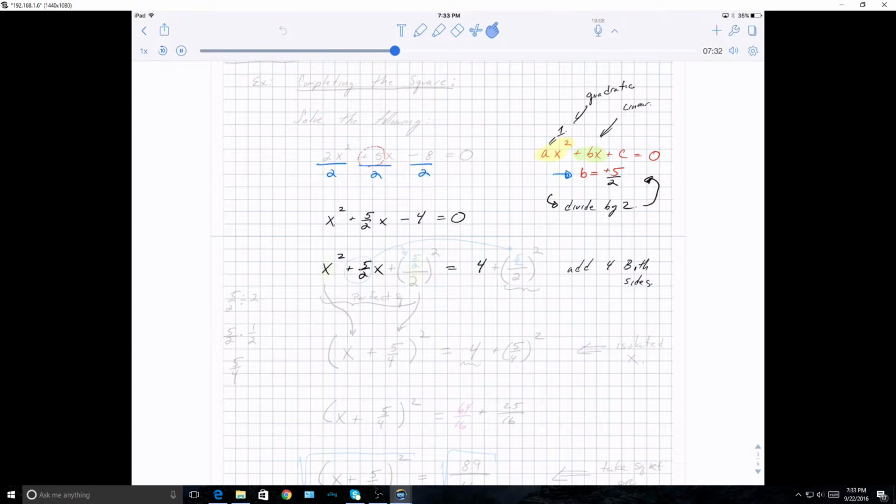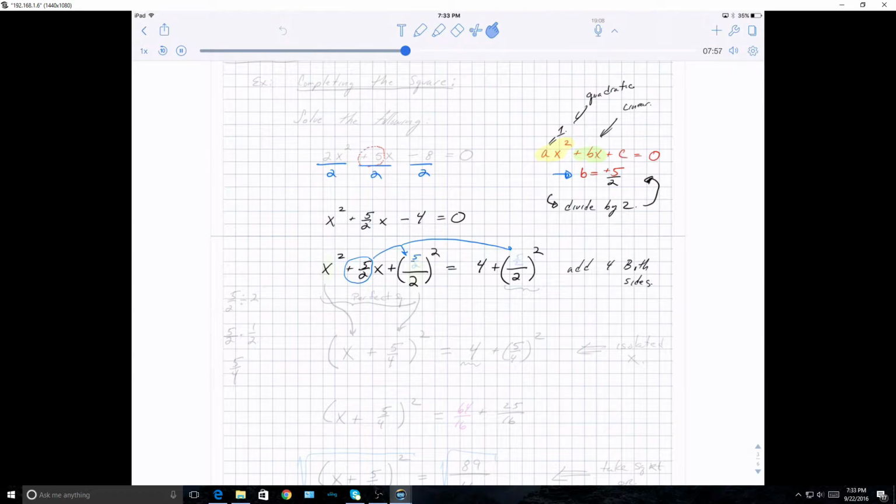Now, watch what I'm going to do. I'm going to take something, take half of it and square it. I'm going to also take that same thing, take half of it and square it. And now what is that half thing? Well, it's just that right there, the B. So that is going to be substituted in.